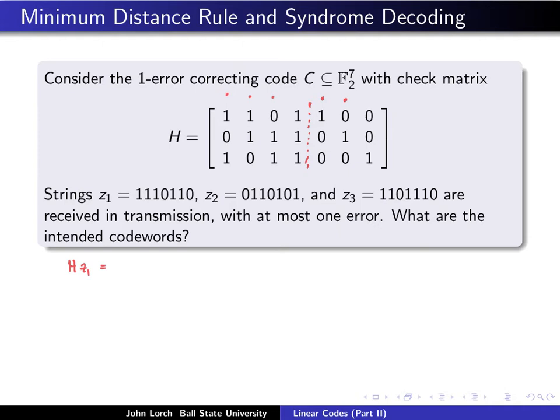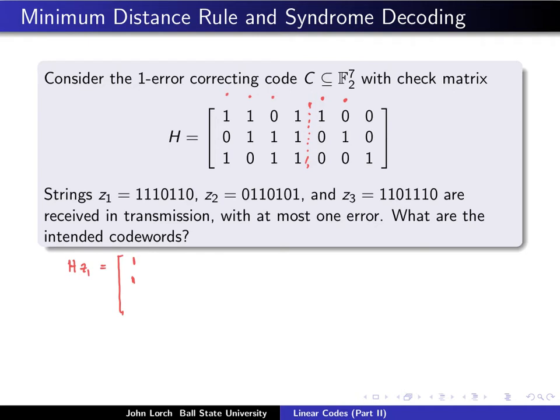And when we do that, what do we get? Well, in the top component, we get 1 plus 1 plus 0 plus 1 plus 0, which in total is a 1. And then in the next component, we get 0 plus 1 plus 1, that's 0, plus 0 plus another 1, which is a 1.